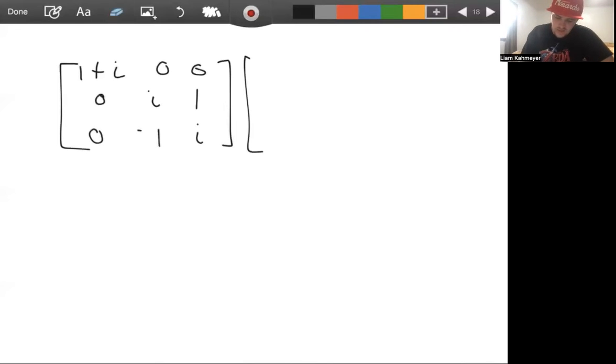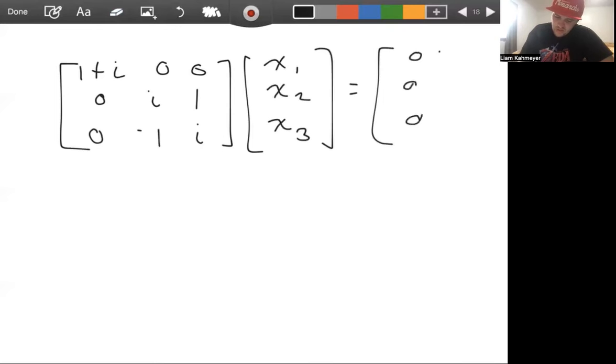And then the eigenvector x2 consists of components such that this equality holds.